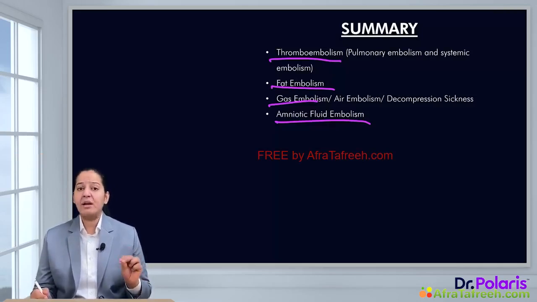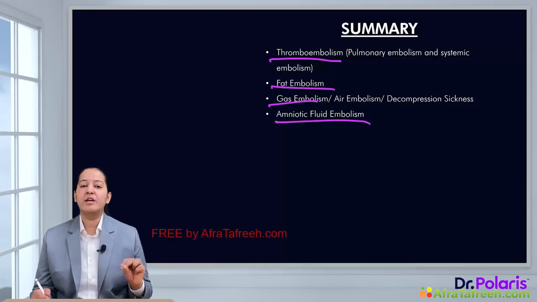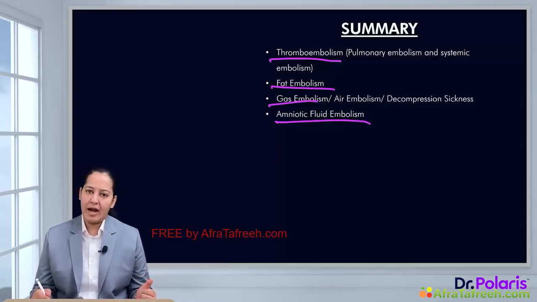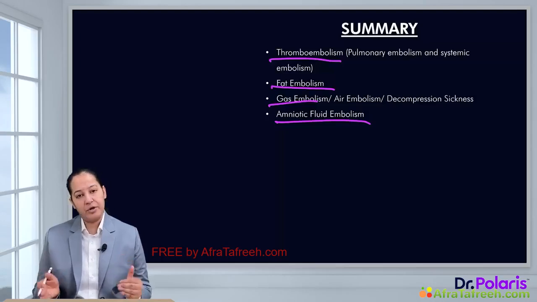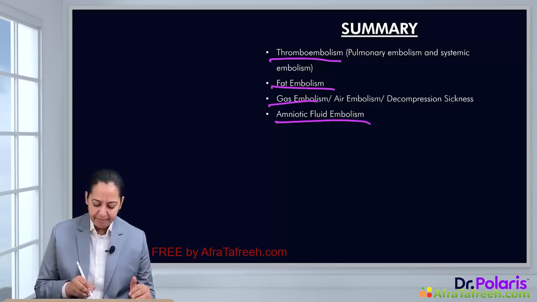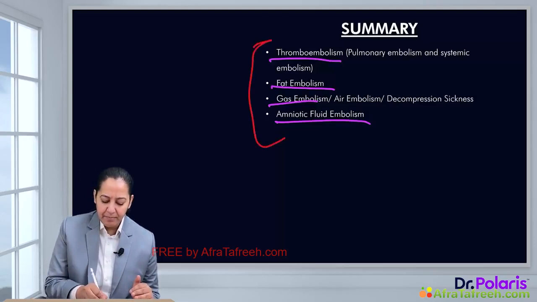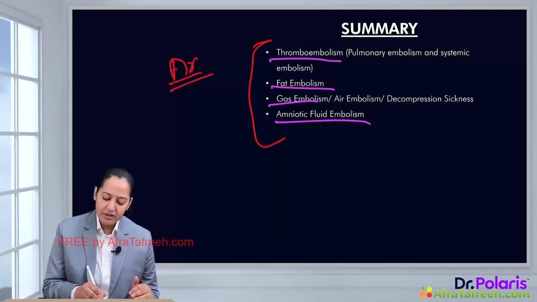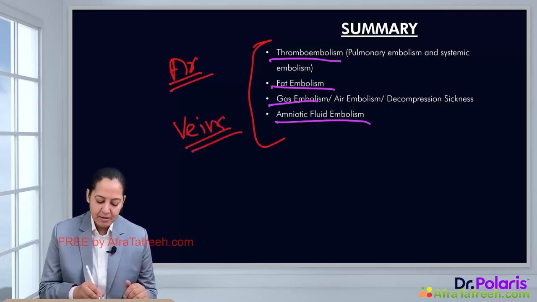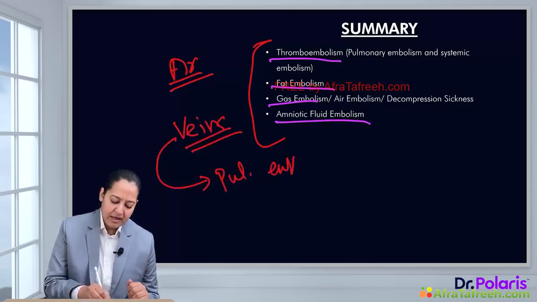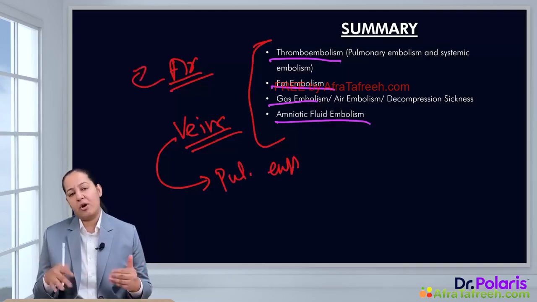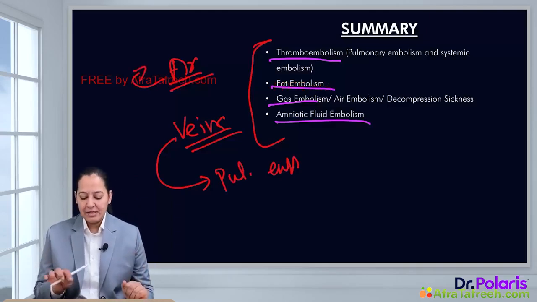So accidental introduction of atmospheric air into the major veins, either in head and neck surgery or in the uterine or endometrial veins. So that is the origin, how each of them is produced. Now each of them is either present in the artery producing systemic effects, or present in the veins producing pulmonary embolism. So veins always result in pulmonary embolism, and arterial always result in infarction or necrosis, that is the systemic effects.